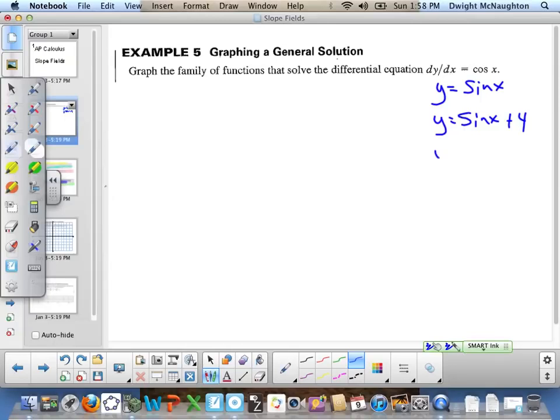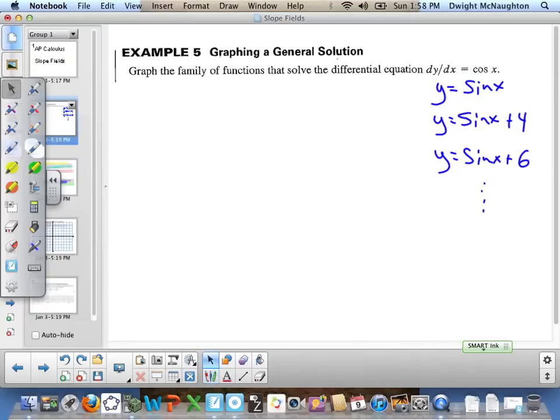So does y equals sine x plus 6, and you see we can get infinite amounts. So when we're graphing a family of functions that has a certain derivative, we need more than one possible answer. We need an infinite number of answers, and we need a way to show that.